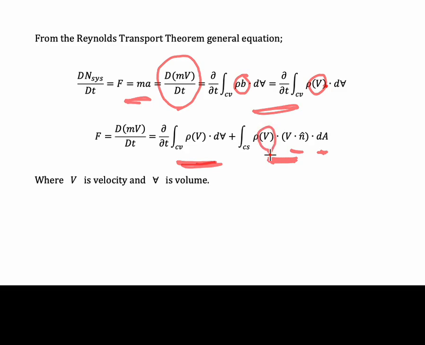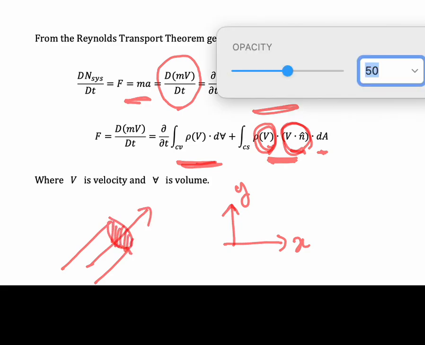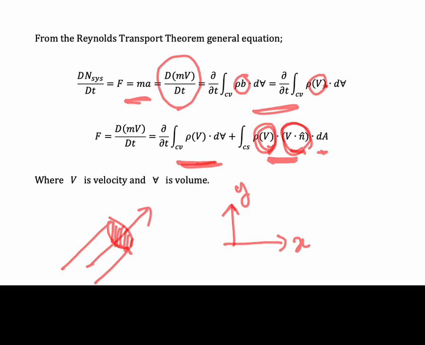What is the difference between this v and this Vn? This v is the velocity according to the x and y axes. However, the Vn here is the velocity according to the n vector. So the n vector depends on the cross-sectional area. So for example, if we have a pipe moving like this, this is the control surface. And then we need to draw the n vector in this direction.